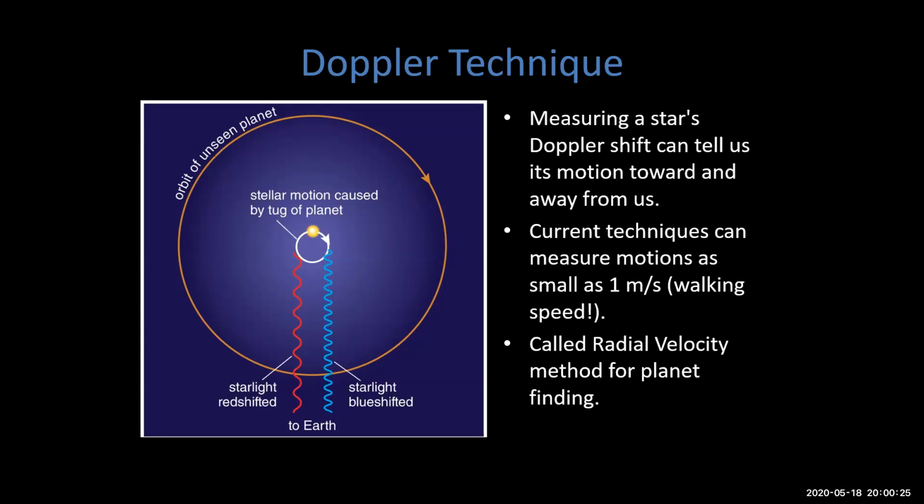This was the first method developed that significantly worked. The very first extrasolar planet discovered was found using this technique, and I believe just last year, the people that made that discovery got the Nobel Prize in Physics. So this is kind of a big deal recently.